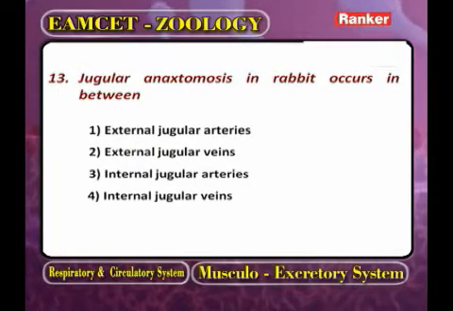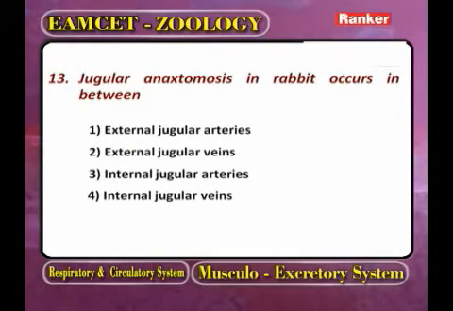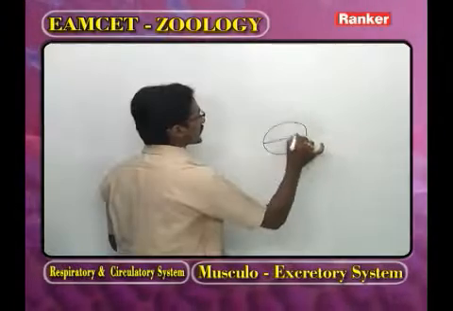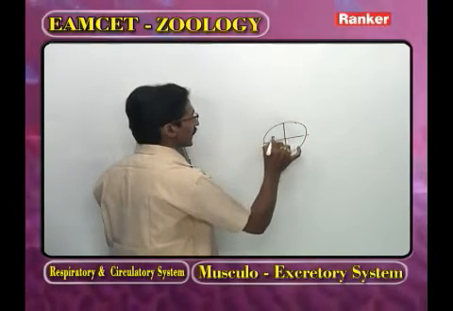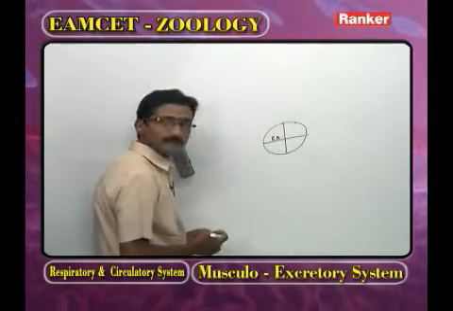Jugular anastomosis in rabbit occurs between. Now, as we observe the venous system of the rabbit, this one we call the right atrium.